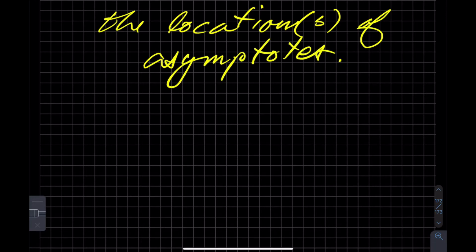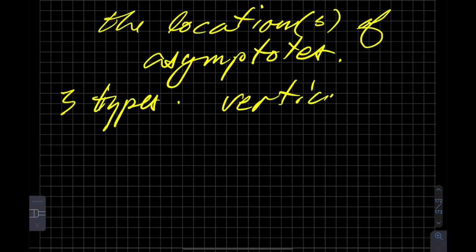Okay, so now there are three types of asymptotes. There are vertical asymptotes, horizontal asymptotes. That's an R, not a Z there. Horizontal.